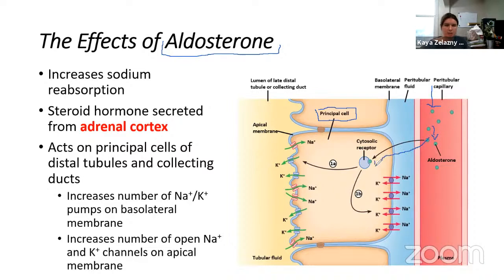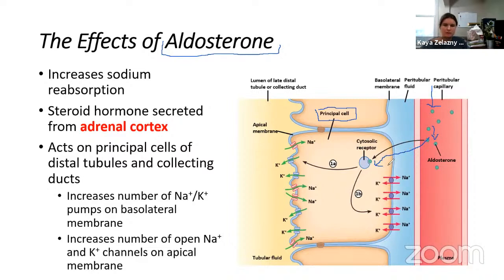It doesn't need a receptor because it is a steroid hormone. Or I should say it doesn't need a receptor on the external membrane, on that basolateral membrane. Because it's a steroid hormone, it's lipid soluble. Steroids are lipids. Aldosterone specifically happens to be nonpolar, so it can cross directly across this membrane without any help.